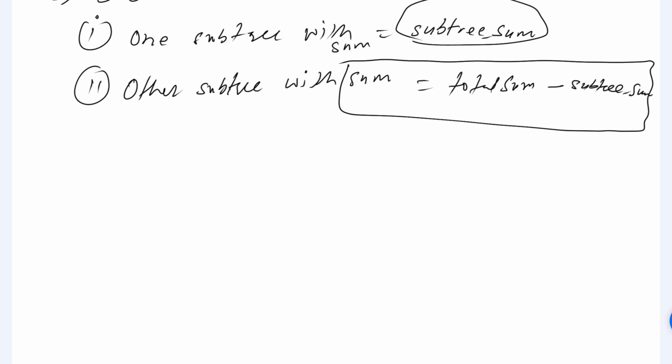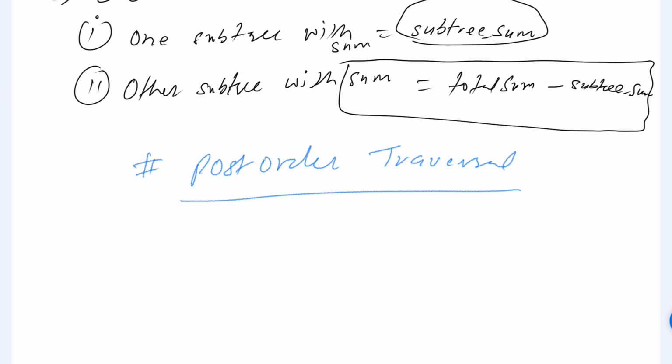So this is what we should try. Let's think about the approach. What approach should we use? We should use post order traversal. You know that there are many traversals, so we'll use post order traversal, that is DFS.